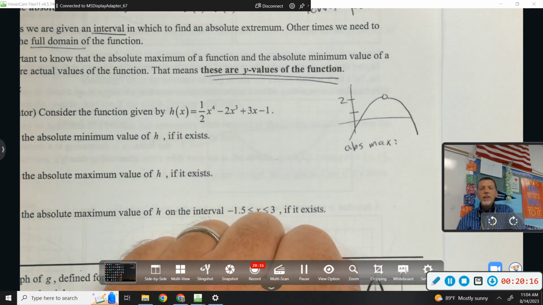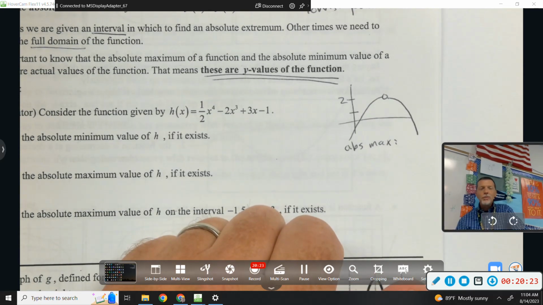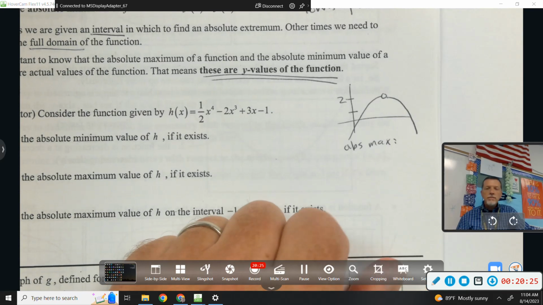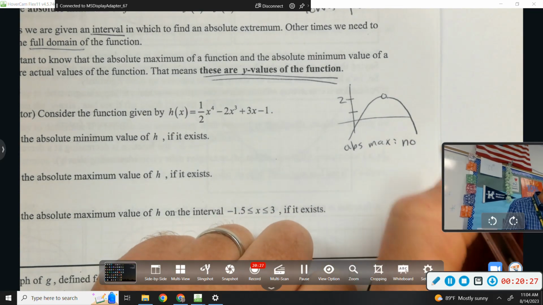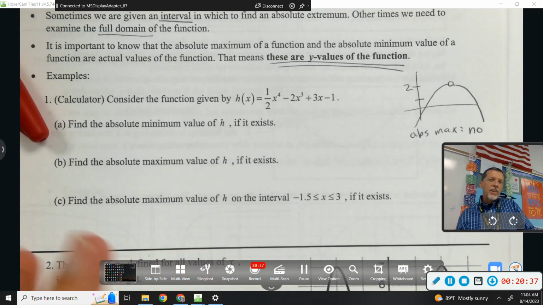And then you're thinking, well, how about 1.9? Well, 1.99 or 1.99999. And so there is no absolute max for that function. So that's kind of weird. Even though everything is less than 2, 2 is not the absolute max because it has to be part of the function.